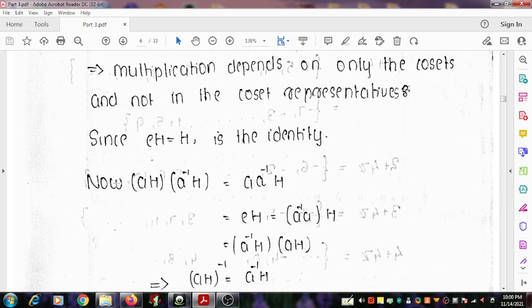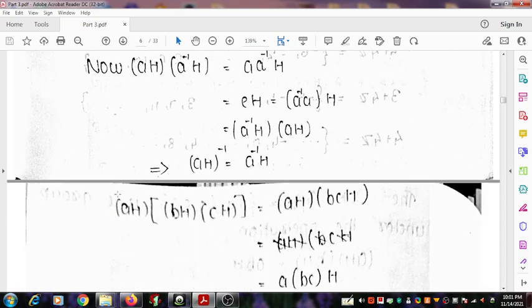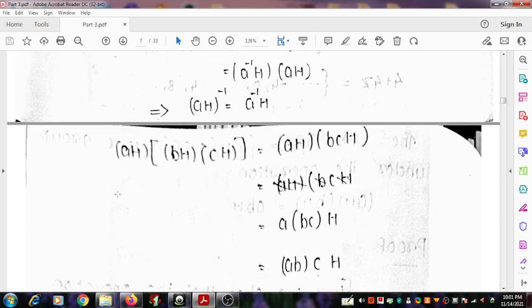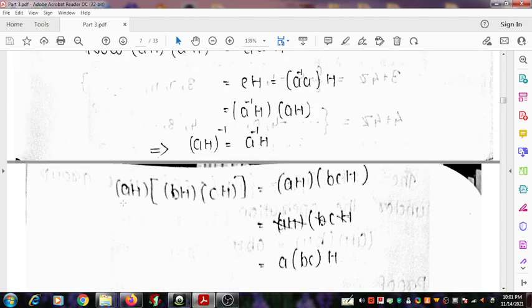Now what remains? We want to show that the operation obeys associativity. We want to prove associativity. To establish associativity, it is clear that we have to take three arbitrarily chosen elements: AH, BH, and CH.